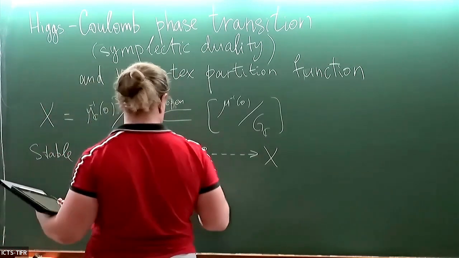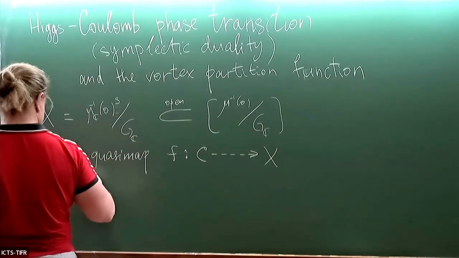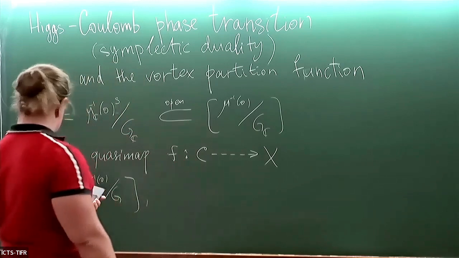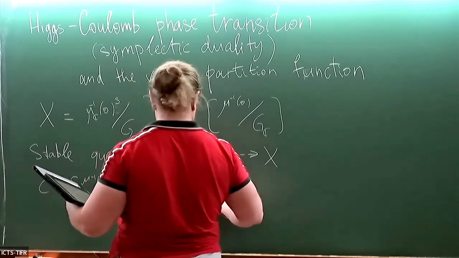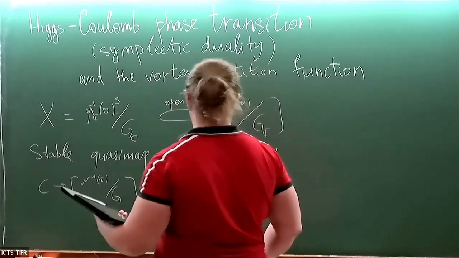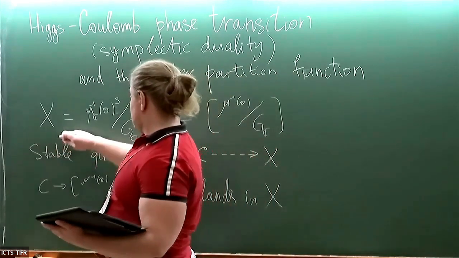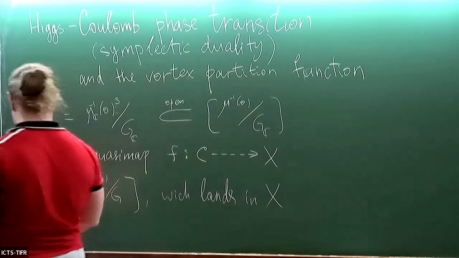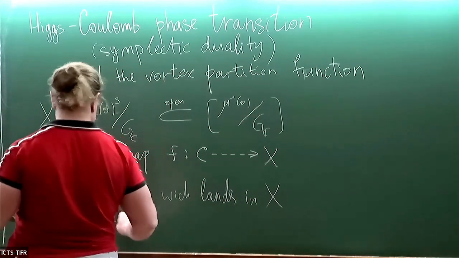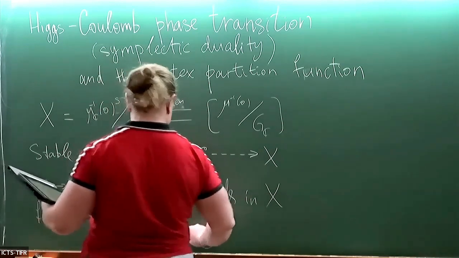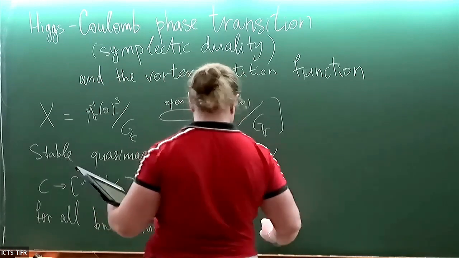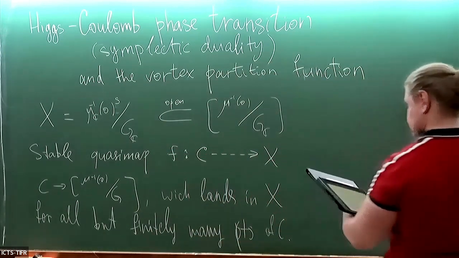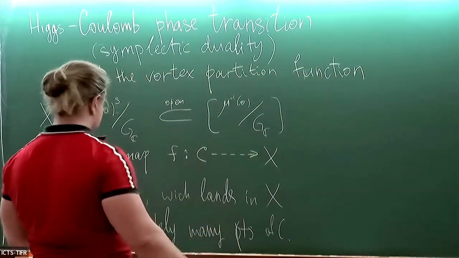It's just a map from C to this quotient stack which lands in X, in other words, it gets into the stable locus for all but finitely many points of C. And those finitely many points are singularities.